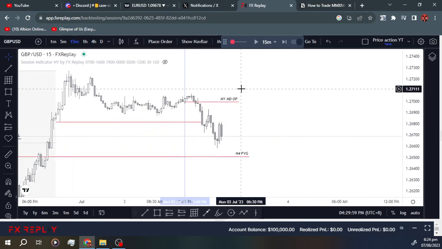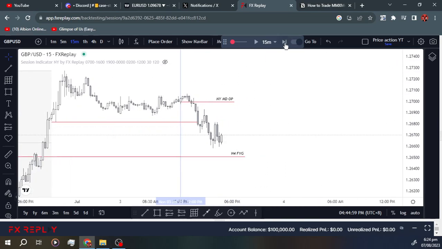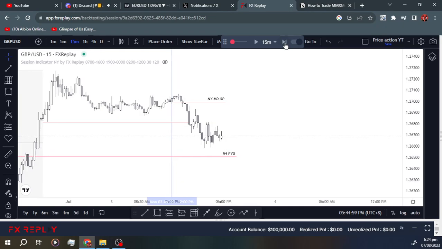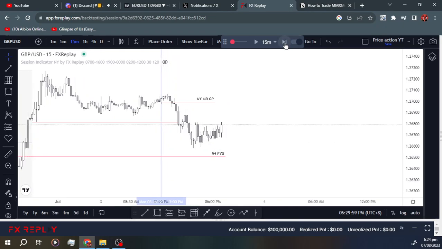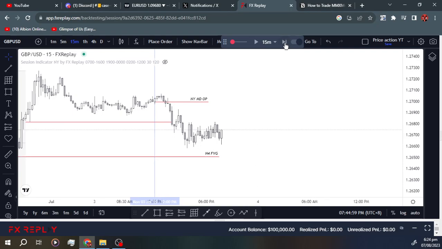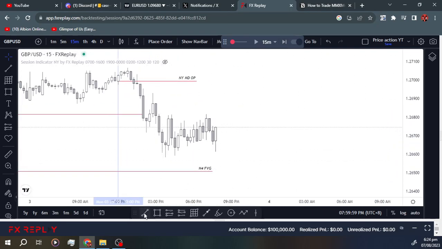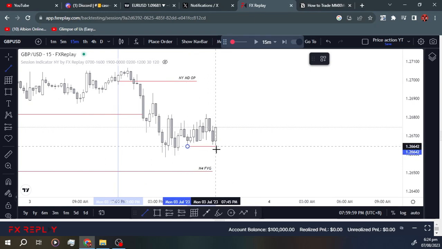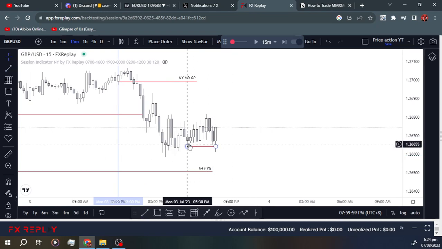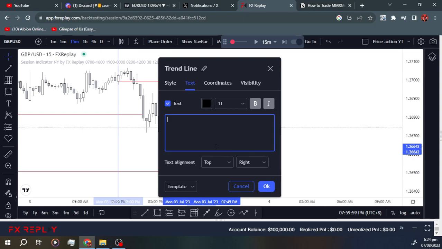Now we want to see a market structure shift. This is sort of an accumulation right here, and these are M15 sell stops.